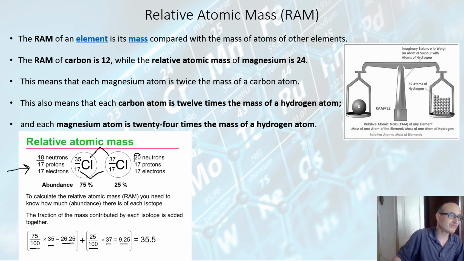And then all you have to do is add up those results, the 26.25 and the 9.25, and you get the result, which is 35.5. It's a weighted average. That is the relative atomic mass of chlorine, and that is the number that you will find in the periodic table at the top left-hand side of chlorine in group 7.